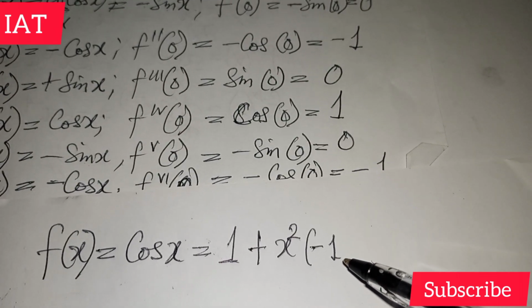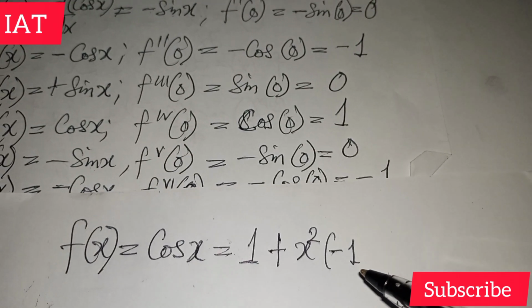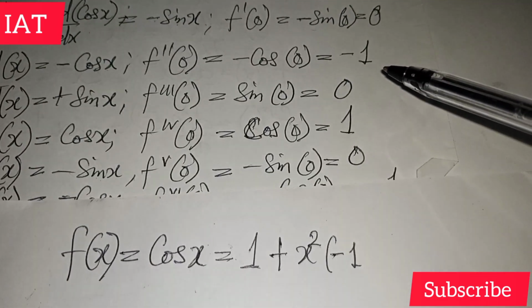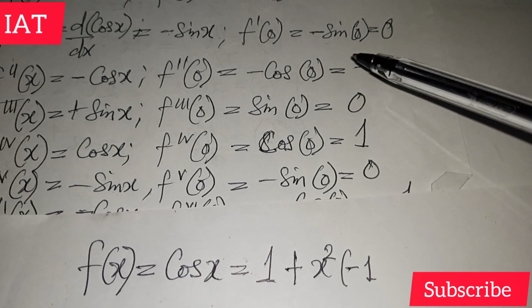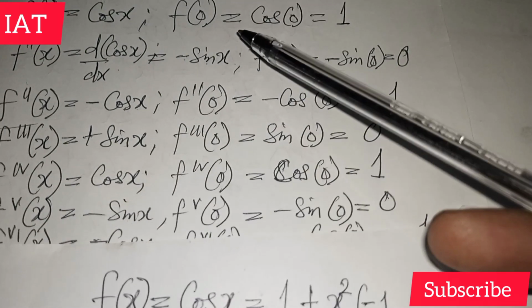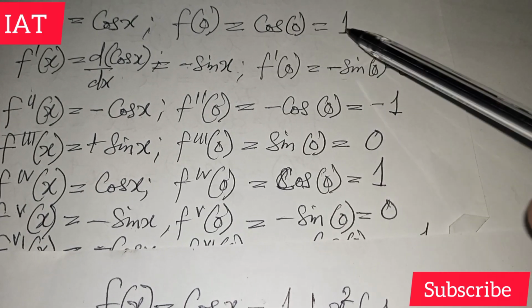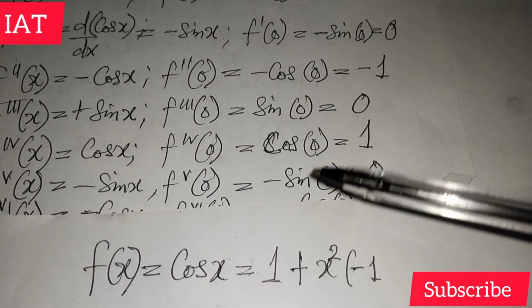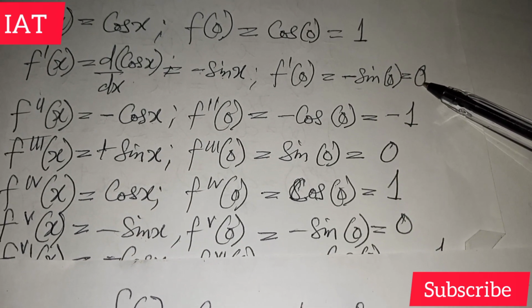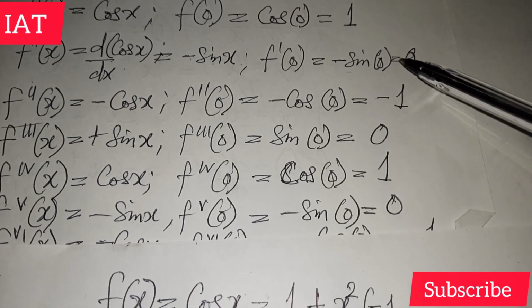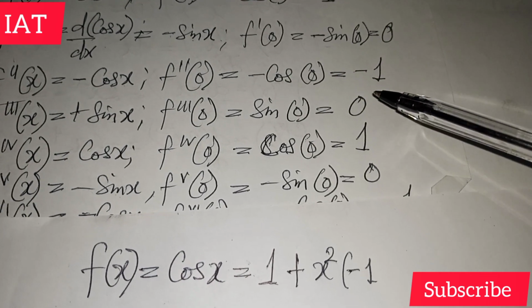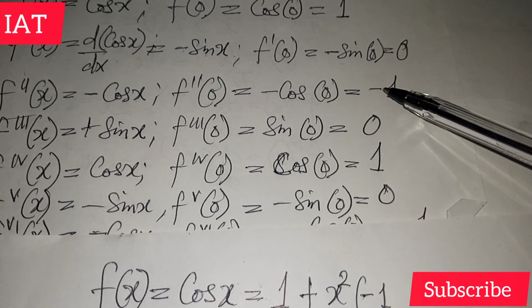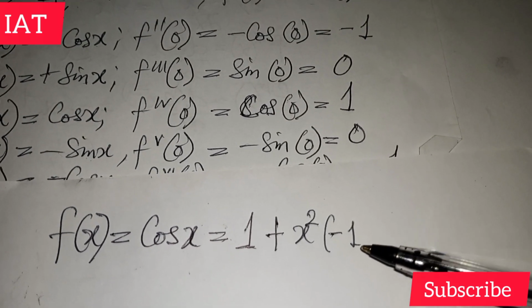Okay, for the third value, because the first derivative is 0, we have the first f of 0 to be 1, which we've replaced here. The second one we have is 0, and of course 0 multiplying x, the whole of that expression will become 0. And then the third is minus 1, which we've written.